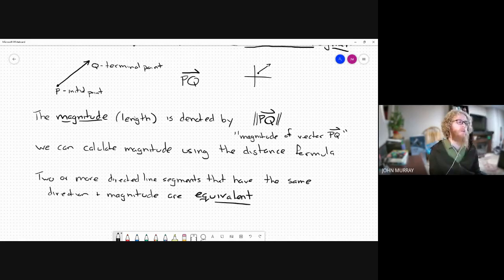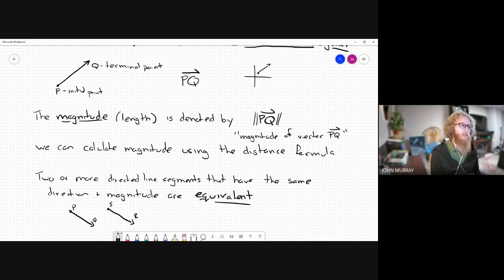When we have two or more directed line segments that have the same direction and magnitude, we call them equivalent. So if I have PQ here, and then maybe I have, off to the side, SR here, they don't have to be overlapping each other.